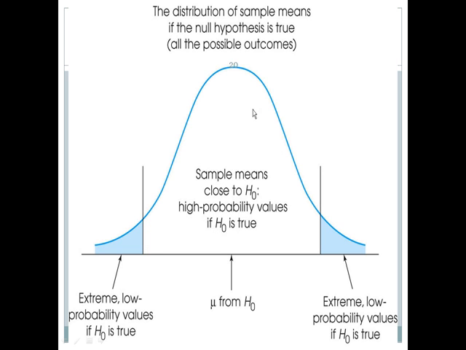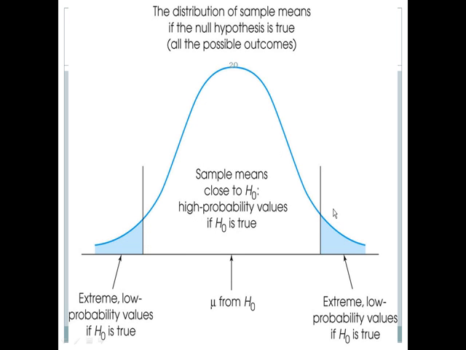Sample means close to the null hypothesis are going to fall close to the center of this distribution. Sample means that are less likely to be chosen fall to the tails of this distribution.